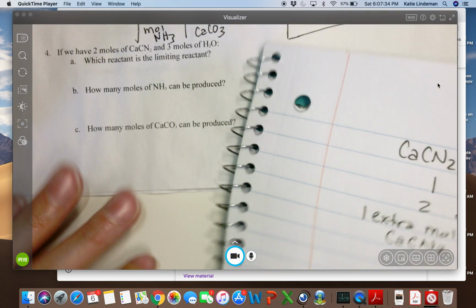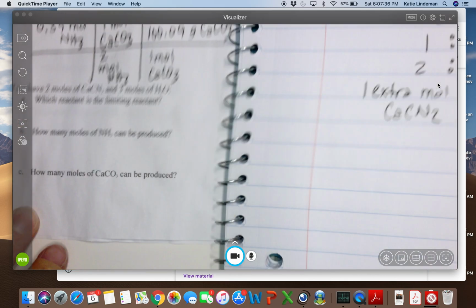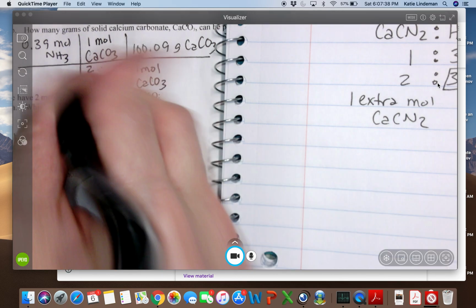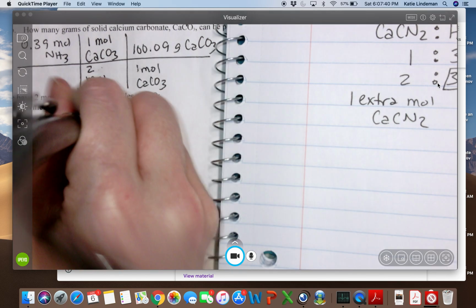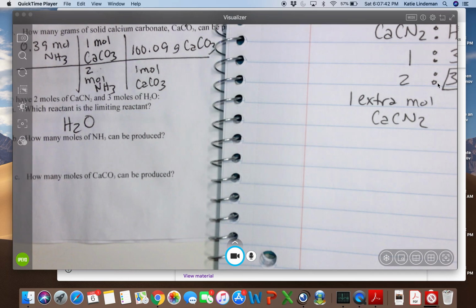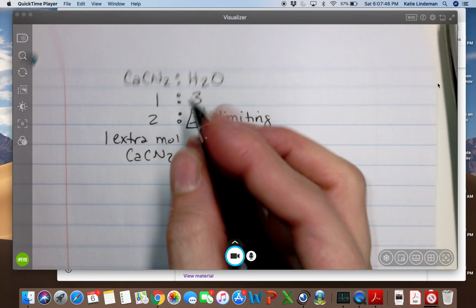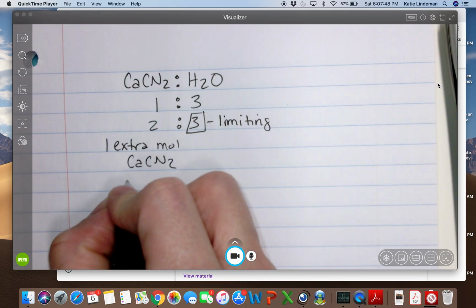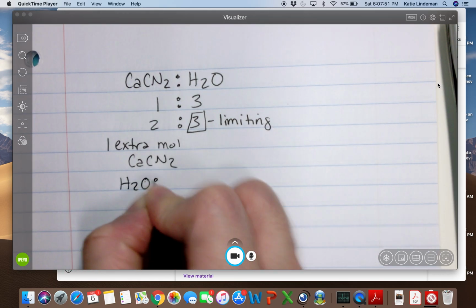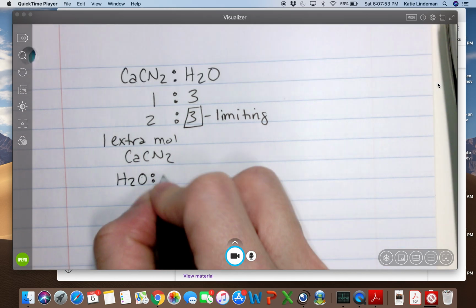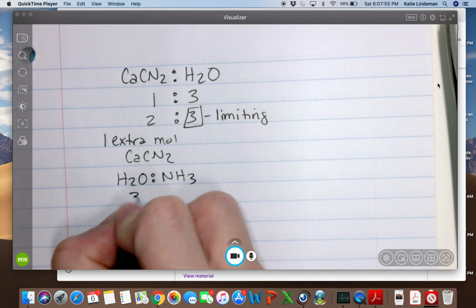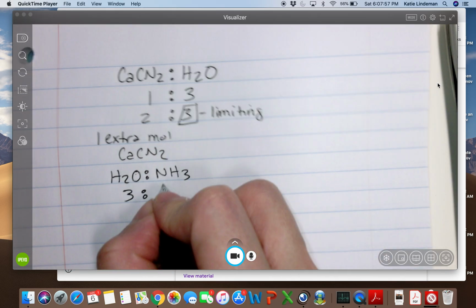Okay, so looking back at the actual questions, what's the limiting reactant? Water. How many moles of ammonia can be produced? So my ratio from water to ammonia is 3 to 2.